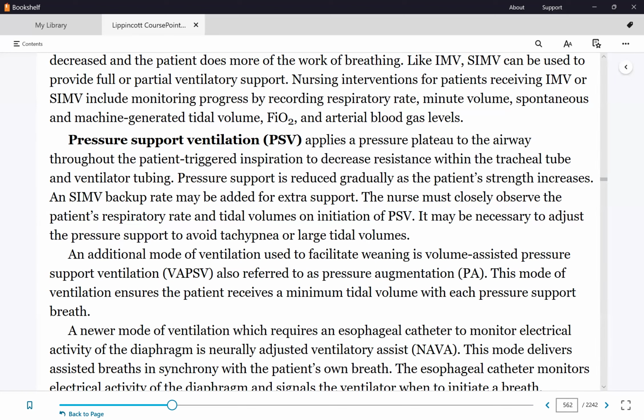So in pressure support, that's all the vent is doing. This is only a weaning mode, meaning the patient's breathing spontaneously. They're having adequate tidal volume. They're just not strong enough. The pressure that they're taking the breath with isn't enough to extubate them yet, so we just give them a little bit of pressure support.